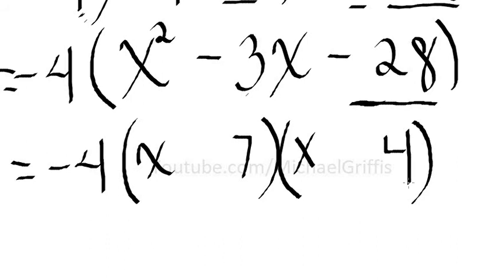So when we add 7 and 4 together, we get negative 3, so that means the largest number must be minus out there in front, and then plus. Right, negative 7 times positive 4 is negative 28, and when we add them, we get negative 3. Yeah.